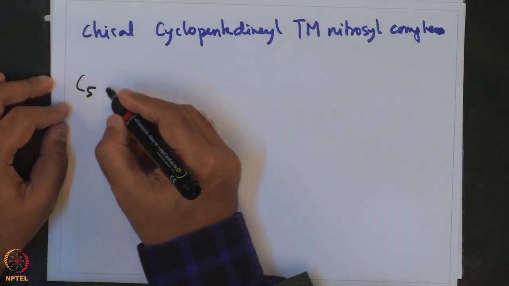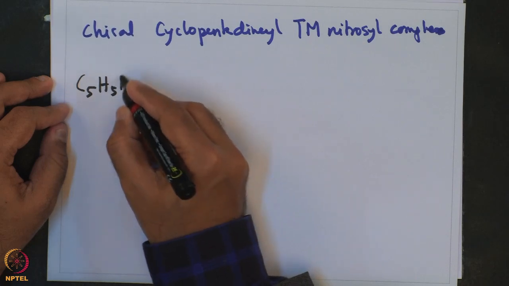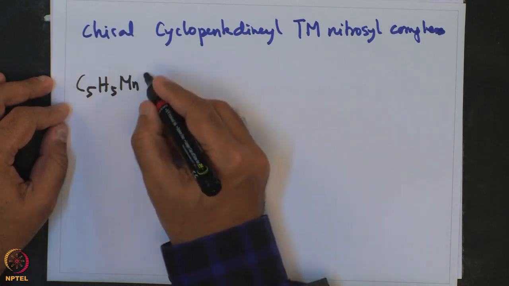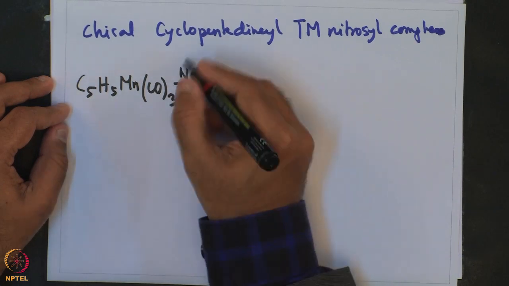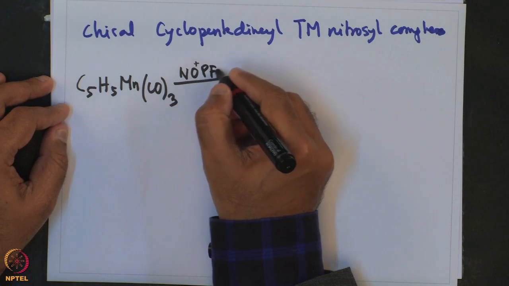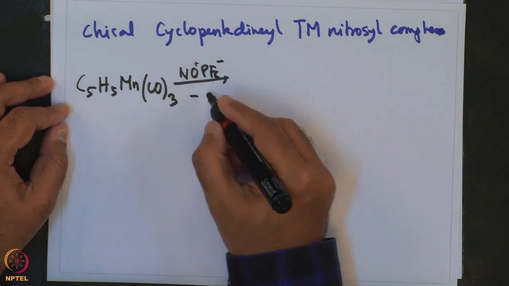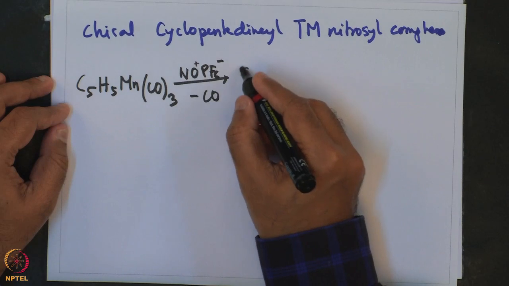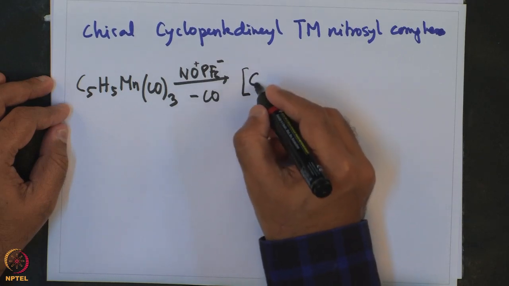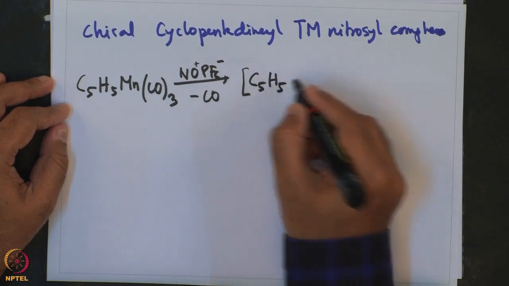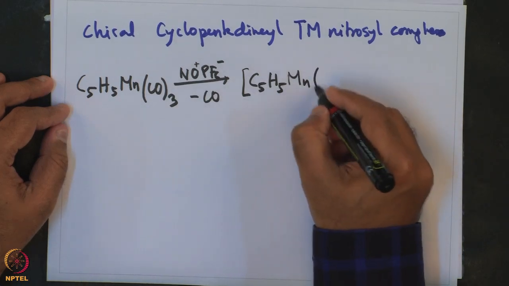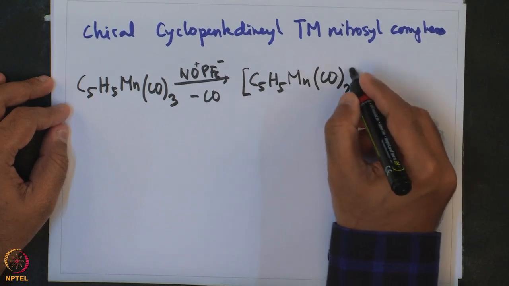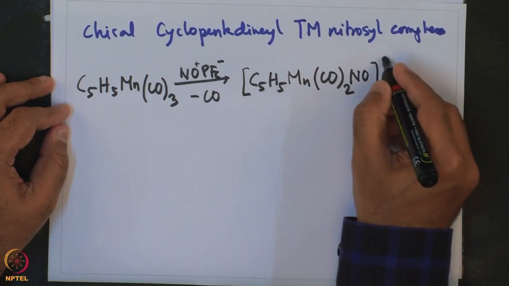So, the reaction is as follows: C5H5Mn(CO)3 reacting with NO+ PF6-, eliminating a CO, to give C5H5Mn(CO)2NO+.